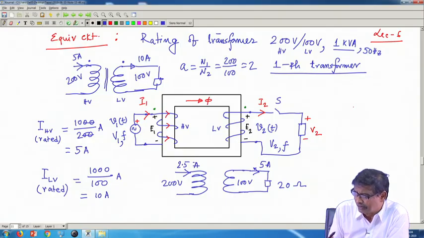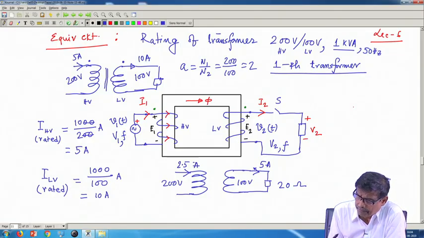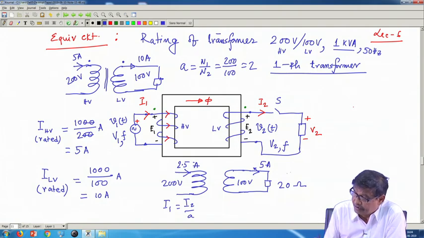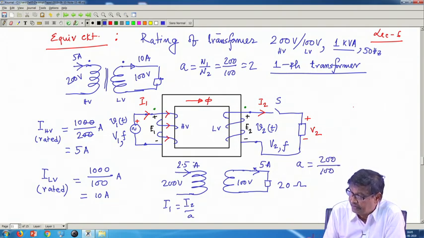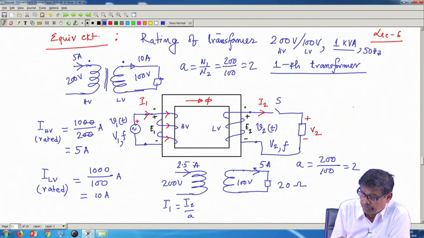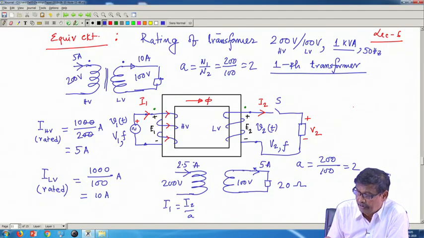You have connected 20 ohm, this current is 5 ampere, the HV side current is always I1 equal to I2 by a, and here what is a? a is 200 by 100, equal to 2. So, current will be reduced by a factor of 2.5 and so on.